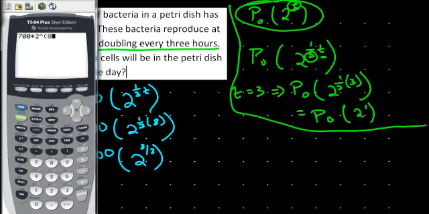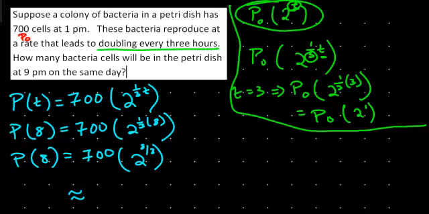Make sure when you're putting fractions in these exponents that you use your parentheses: 8 divided by 3. About 4445, we'll say, because this is just an approximation. So approximately 4,445 cells in the Petri dish.